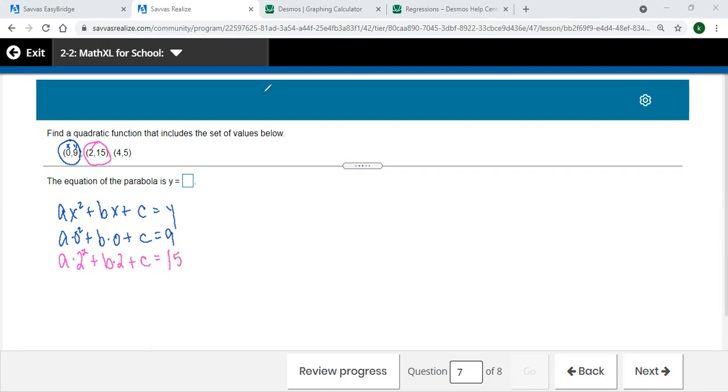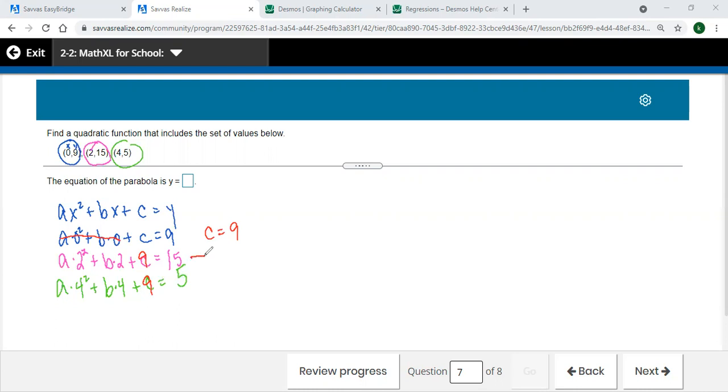And then the third point, the a times x 4 squared plus b times x 4 plus c equals the y of 5. All right, so the first one is already solved because they gave me everything. These canceled out, so I just had c equals 9. So once I know c is 9, I can put that in these spots.